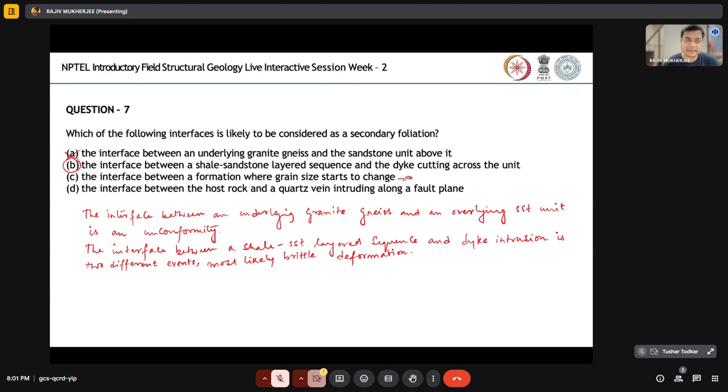We assume that the sedimentary beds are all horizontally deposited, lying on top of each other, and we find the interface below, from which the grain size starts to change. Now, if we find that in the field, we would generally term that as a facies.